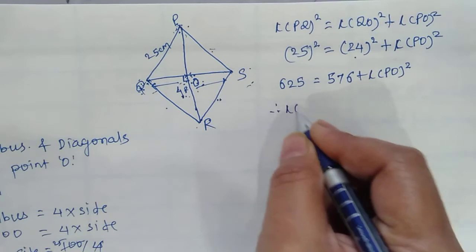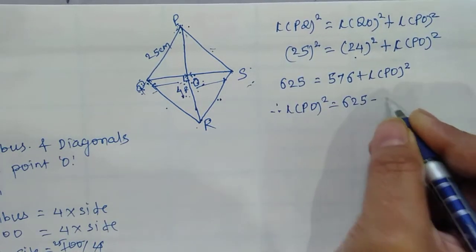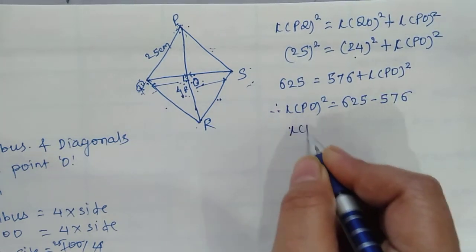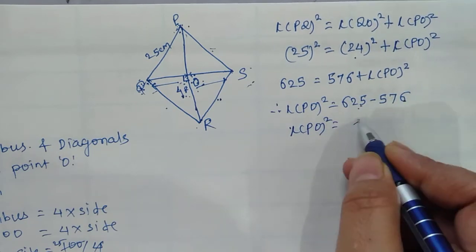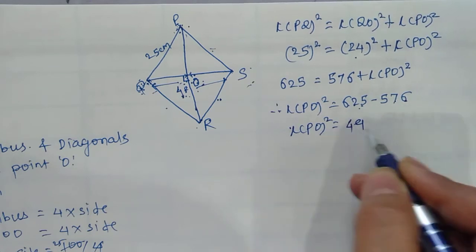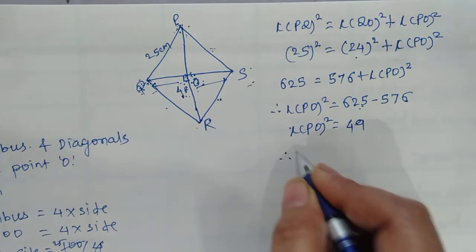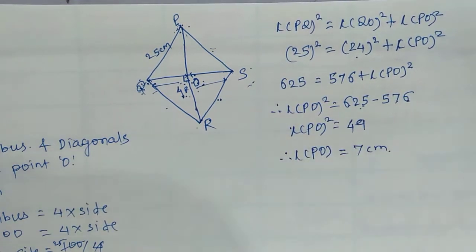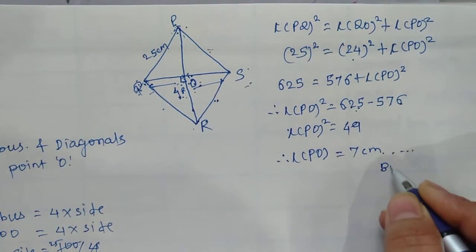So therefore length of PO square is equal to 625 minus 576. So length of PO square is equal to 49. So therefore length of PO is equal to 7 centimeter by taking square roots.